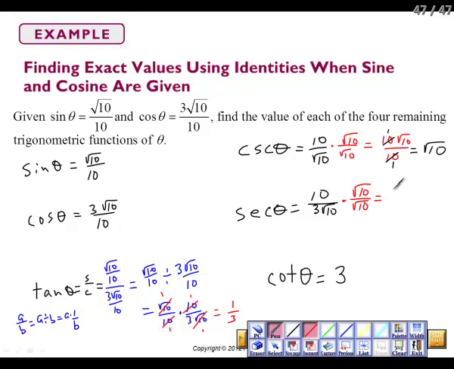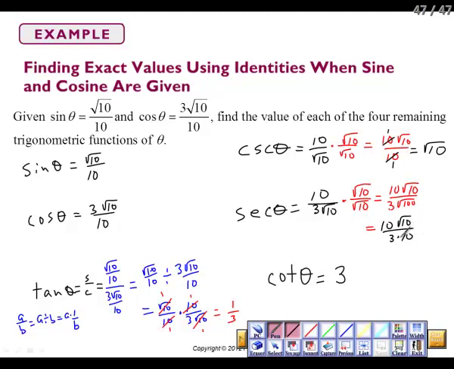And so this will be 10 square root 10 over 3 square root 100, right? Because 10 times 10 is 100. Well, the square root of 100 is 10. So that's going to make this 10 square root 10 over 3 times 10. And so that's going to make 30.